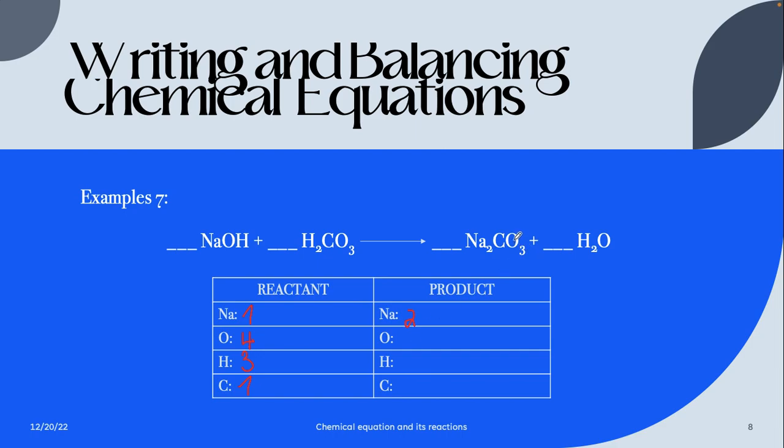We have 3 and 1, 4 oxygens. Then we have 2 hydrogen and 1 carbon. Okay, so as before, we can see that this is not balanced, and we want to balance it now.